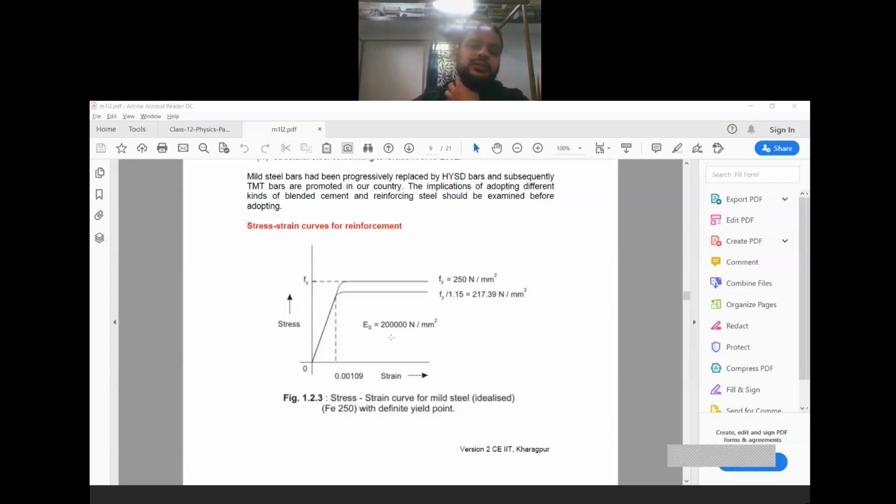Can you see the screen now? This is the stress strain curve for reinforcement.